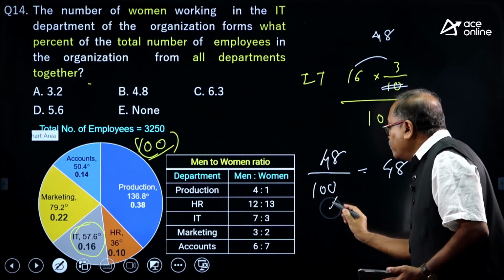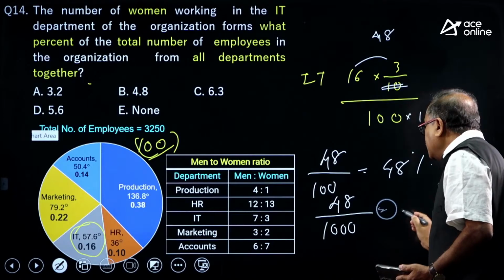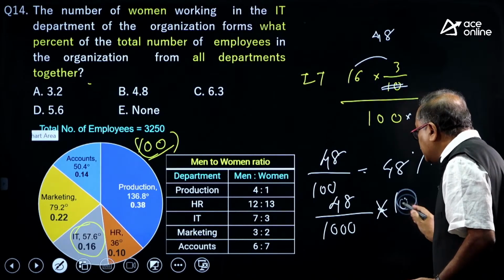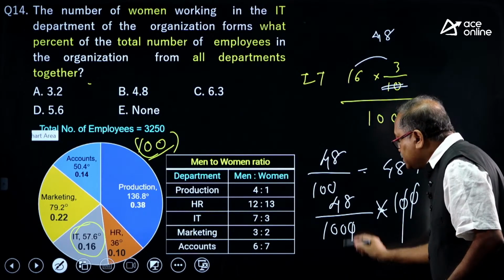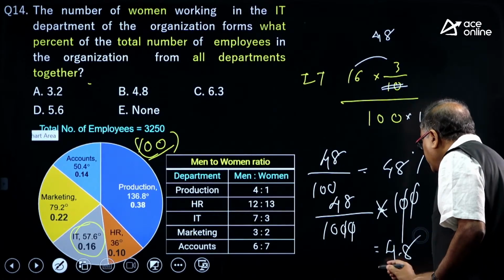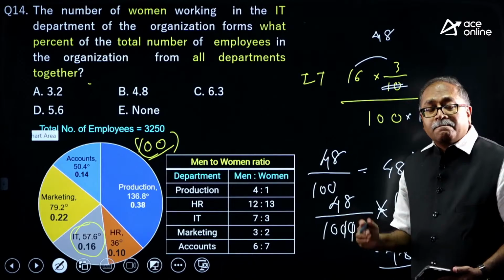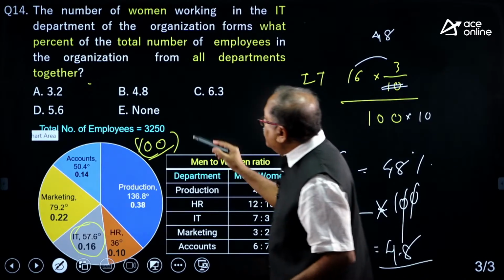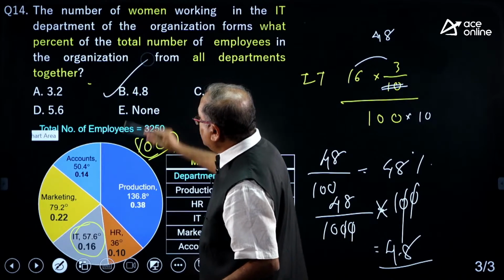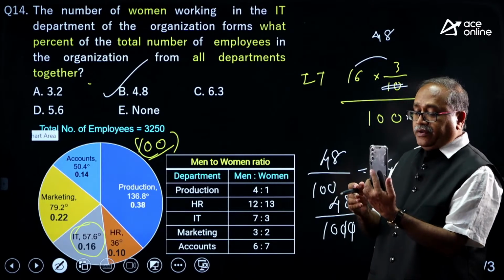Now, 48 over 1000 is nothing but 48 over 1000 into 100, you cancel the 0 and you get 4.8. You do not need to do this calculation, from here itself you can say 4.8. Beautifully answered the question. Anusha, option choice B. Well done, well done.